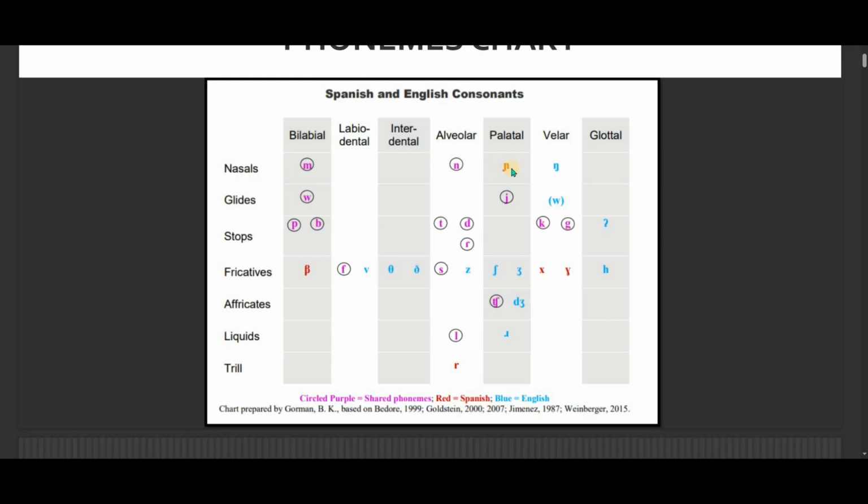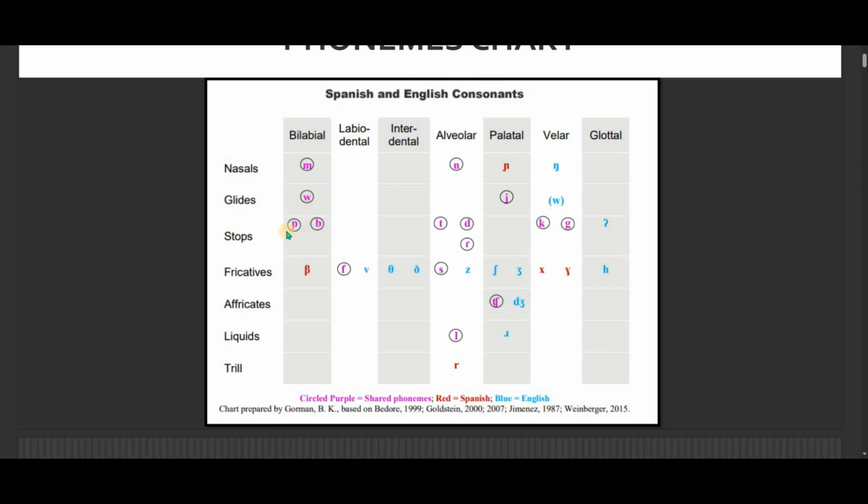This one is the ñ, which is nasal palatal. This one right here is a nasal velar. The W right here is a glide bilabial.